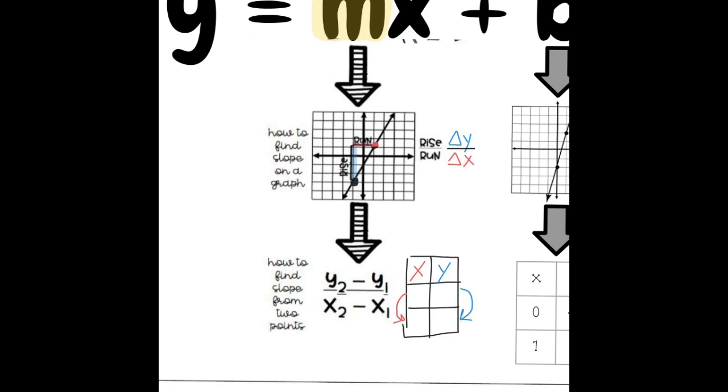The formula you see here gives you the same results as doing this. It's just written differently, but you should know what it means because it will appear on a lot of formula sheets that you'll get.